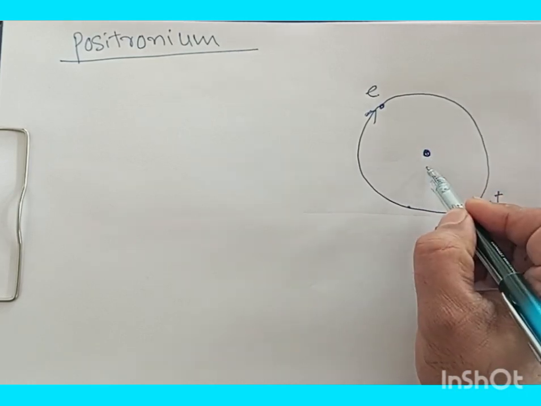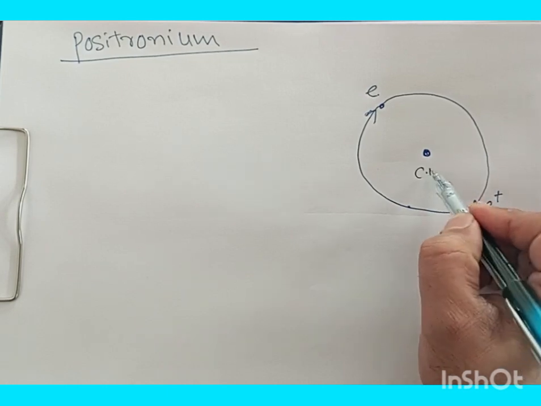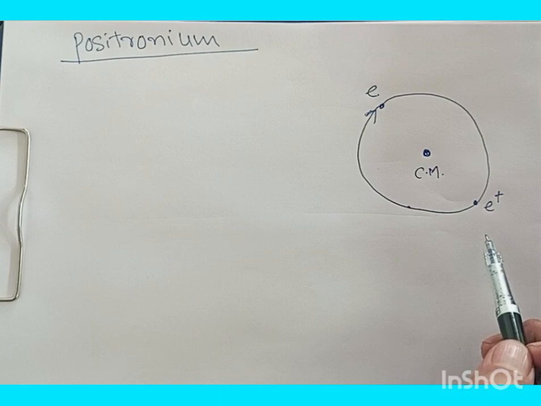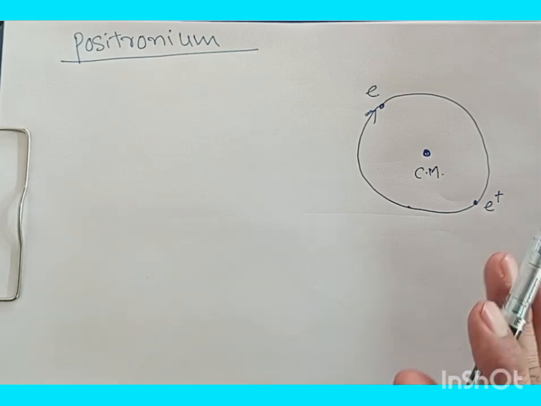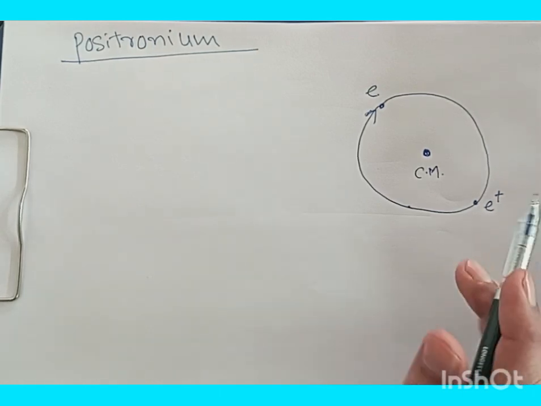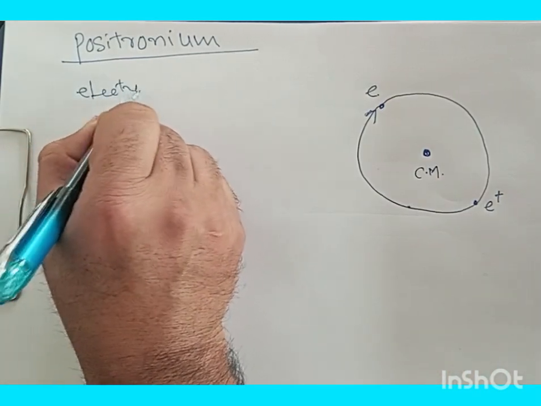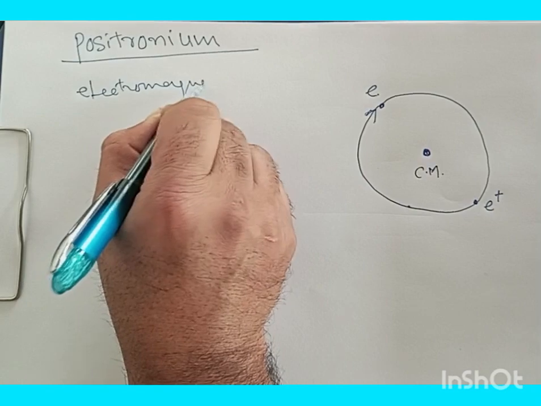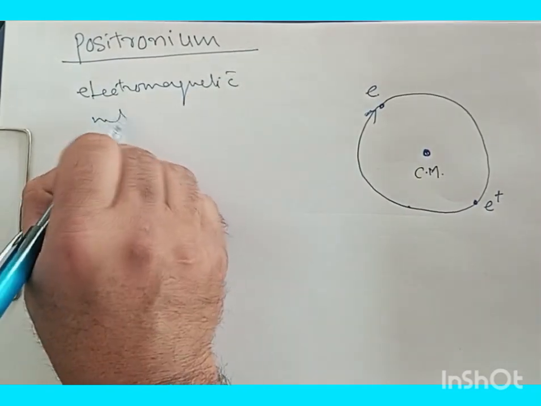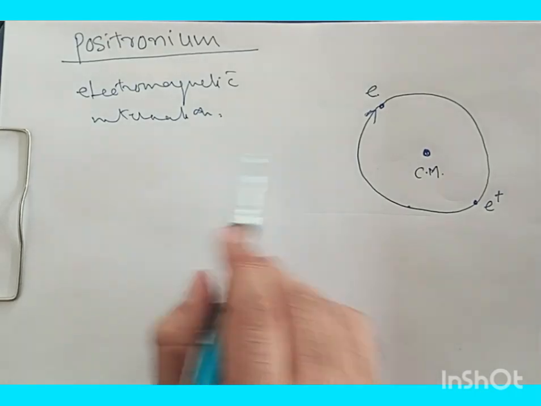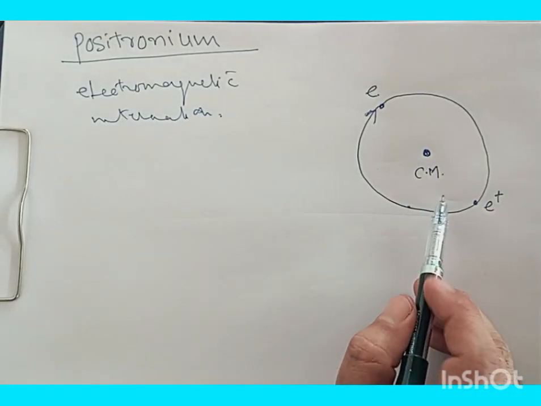So let me assume this is the center of mass for the system of this electron and positron. It's a bound system, bound by electromagnetic interaction. Now, this positronium is unstable.